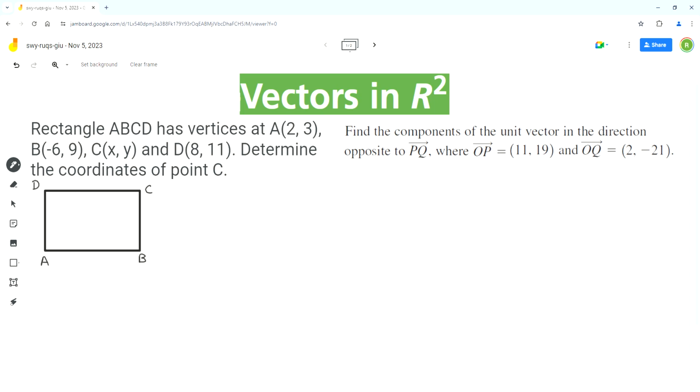Now we have to find the coordinates of point C. Now in a rectangle, opposite sides have equal length and are parallel to each other. So therefore vectors that represent the opposite sides in a rectangle are equal to each other. That means vector AB is equal to vector DC.